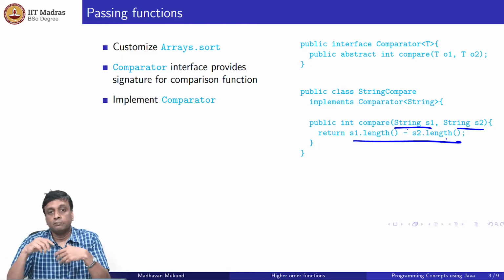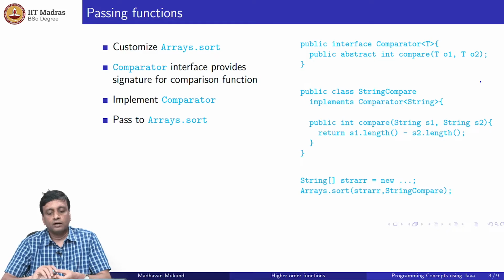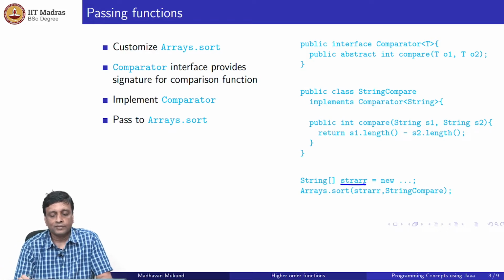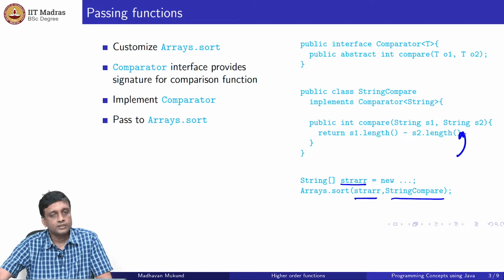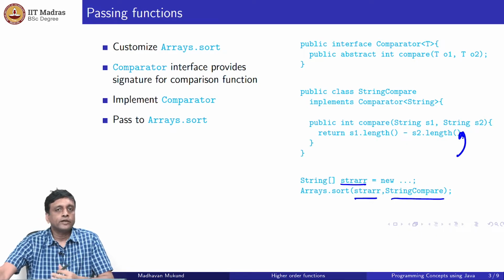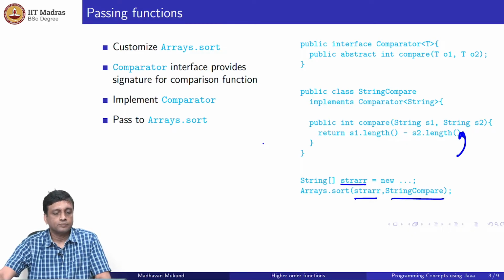It cannot tell you what the meaning has to be. That is up to you to figure out from the documentation and get right, but at least syntactically this works. Now I can create a string array and say please sort this string array using this particular implementation of the comparator interface, and Arrays.sort will work. So this is the object oriented solution to passing functions. You encapsulate it in an interface and then you pass it.